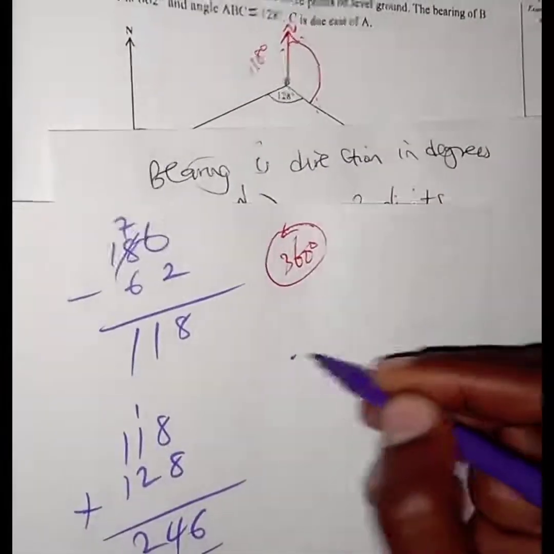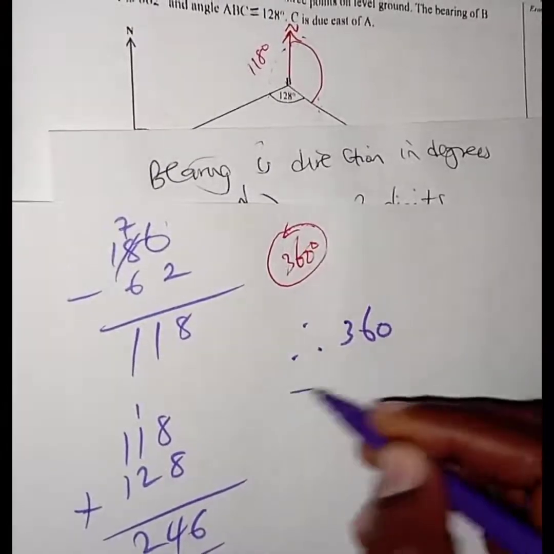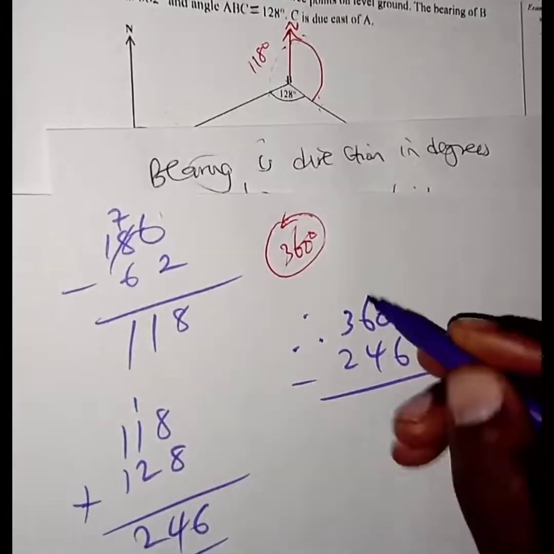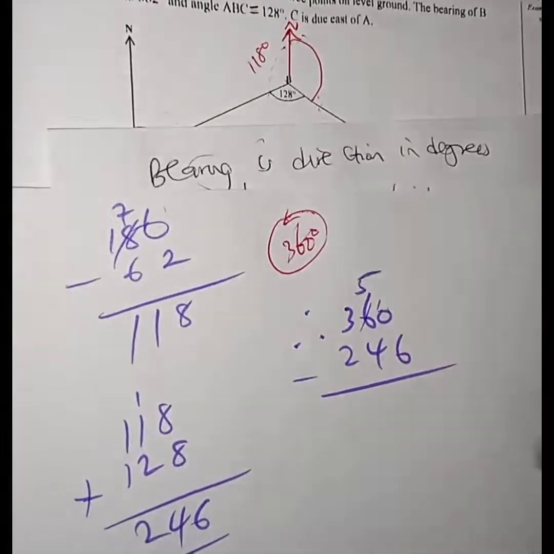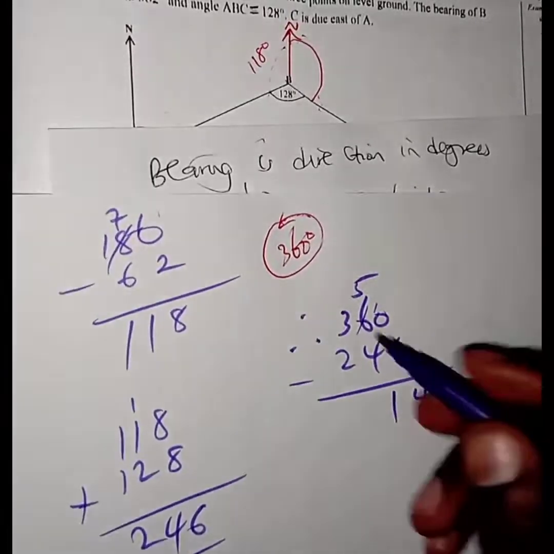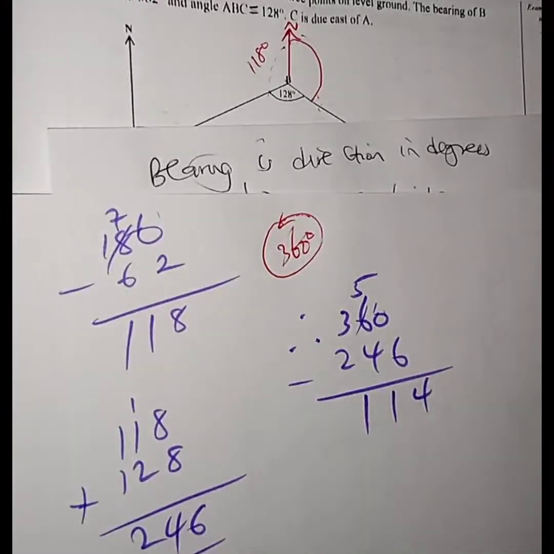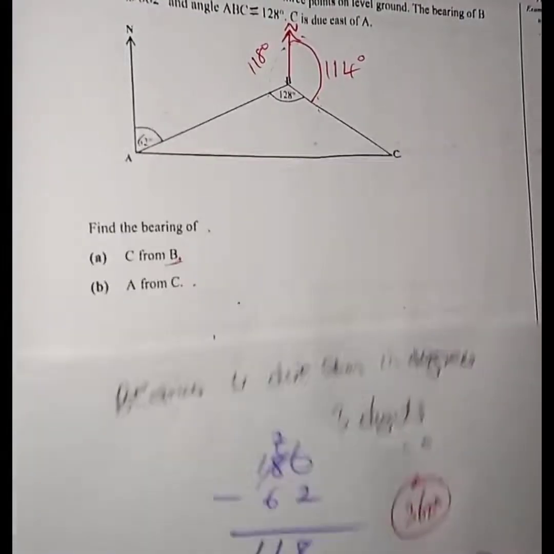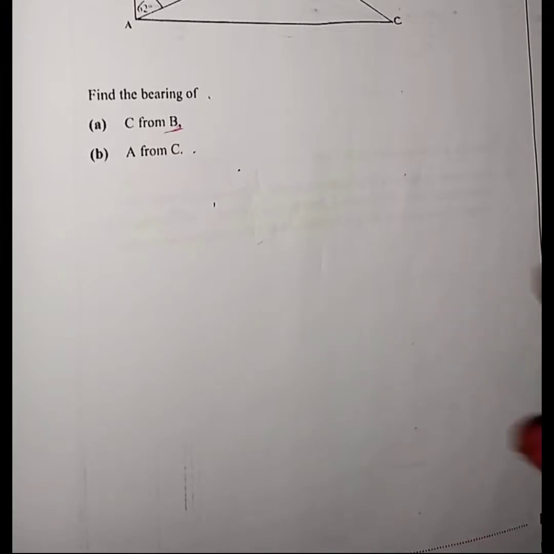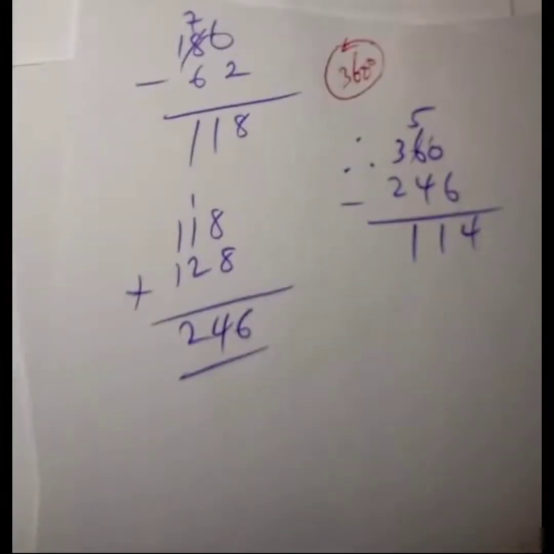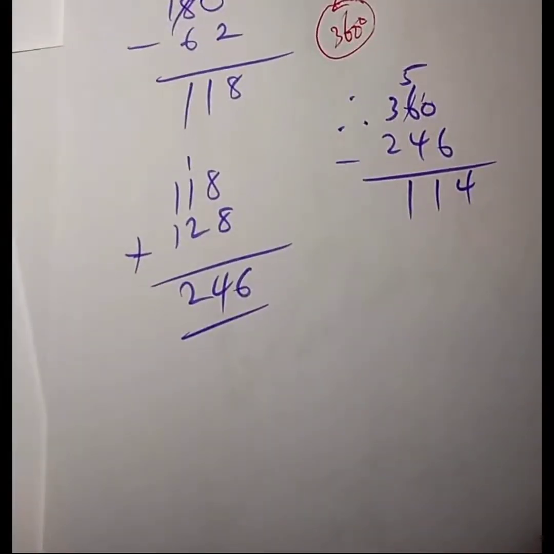Therefore, 360 minus 246. 0 minus 6, it can't, it will be 10, and here it will be 5. 10 minus 6, you get 4. 5 minus 4, you get 1. 3 minus 2, you get 1. So this angle, the answer will be 114 degrees. It is the one you're supposed to put on the empty slot A. 114 degrees.